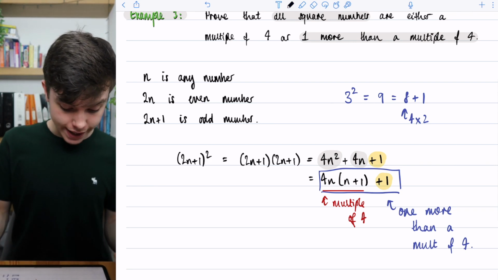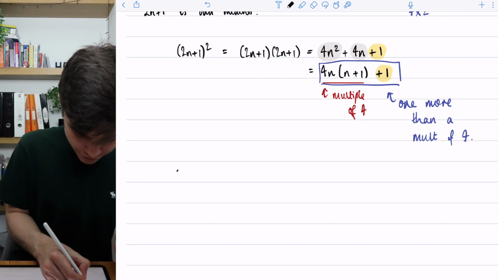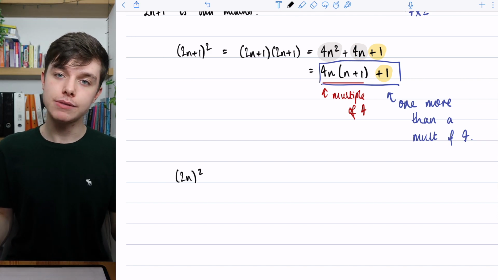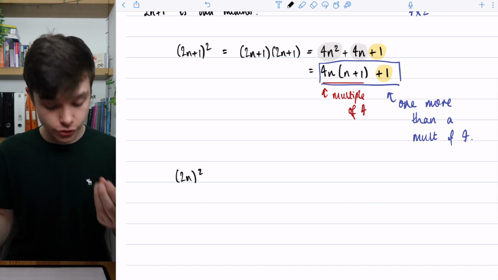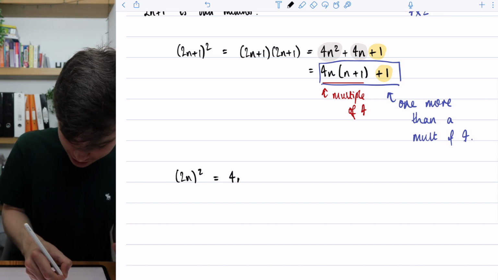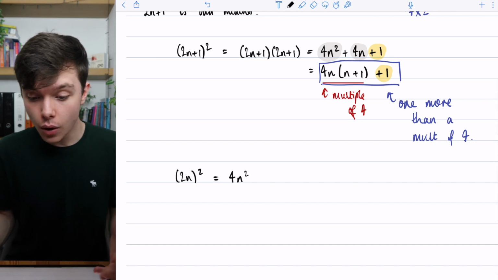Okay? Right, so we've done the odds, so now let's square the evens. If I square the evens, I can just take 2n, because n is any number, and if I times it by 2, I get an even number. Square that, and 2 times 2 gives me 4, and n times n gives me 4n squared. What is that?